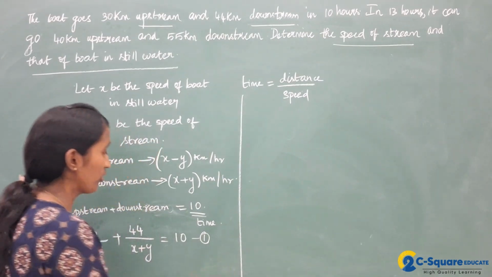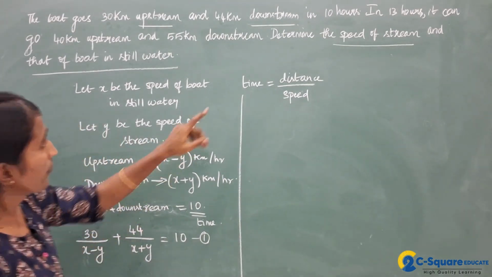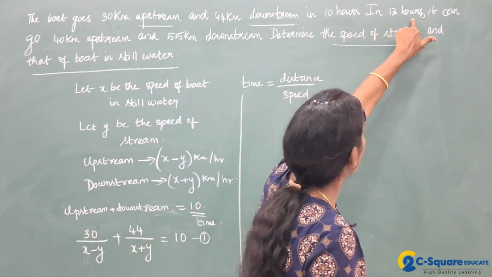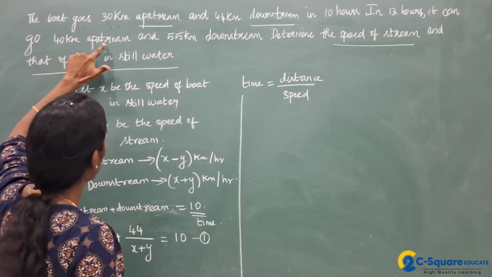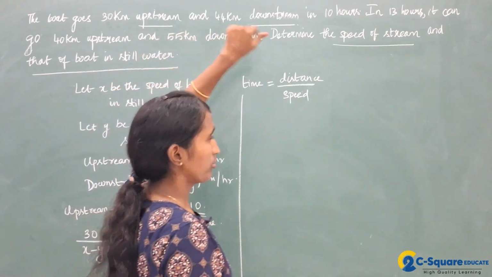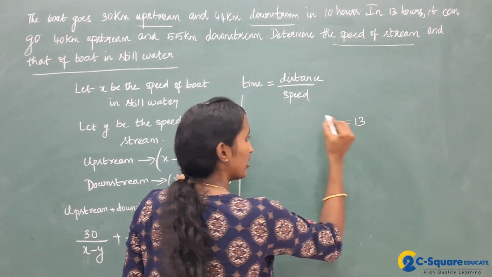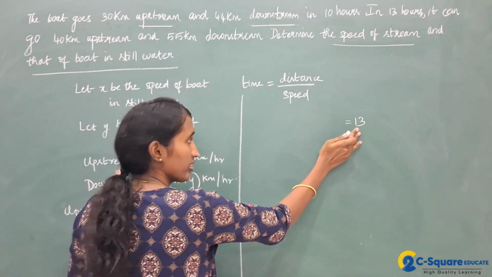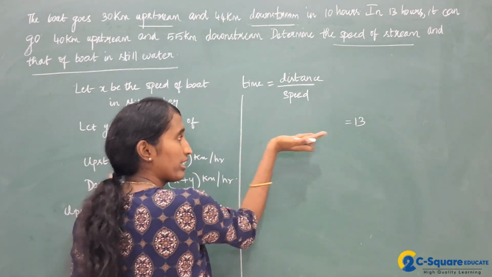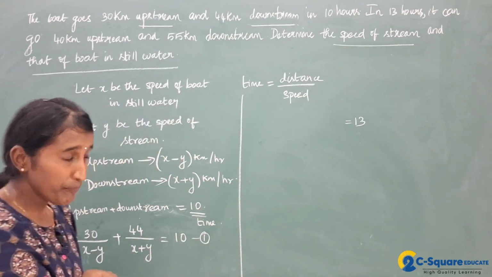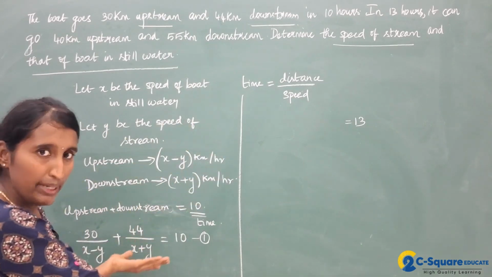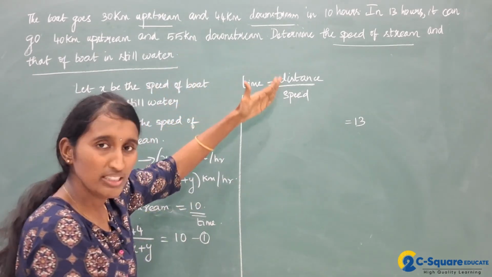So this is the first equation we have formed. Now let's find the second equation. In 13 hours, it can go 40 km upstream and 55 km downstream. Same concept: now it is traveling for 13 hours, so this is the time. Upstream and downstream should also be in terms of time, so we write in terms of distance by speed.